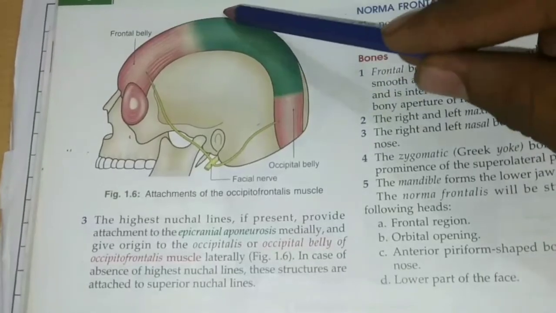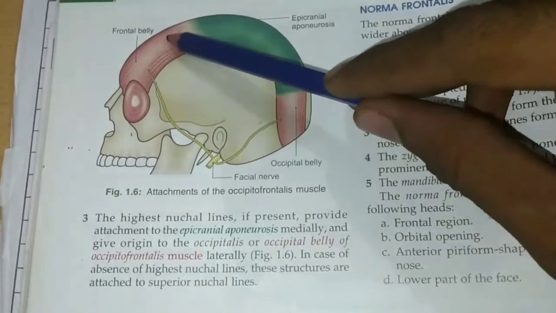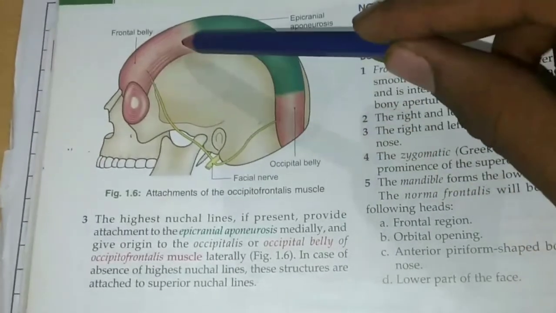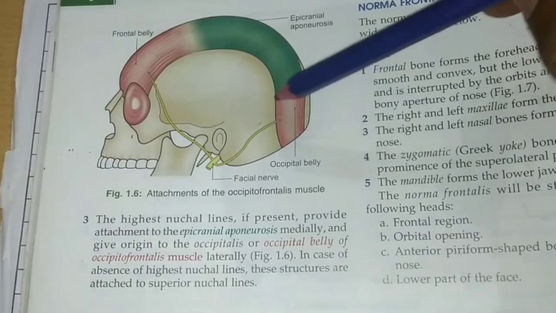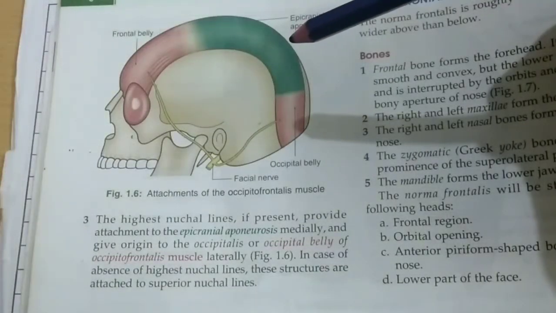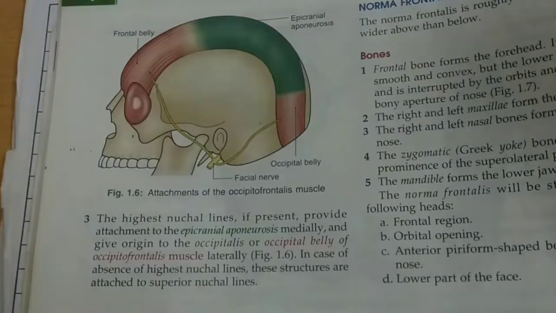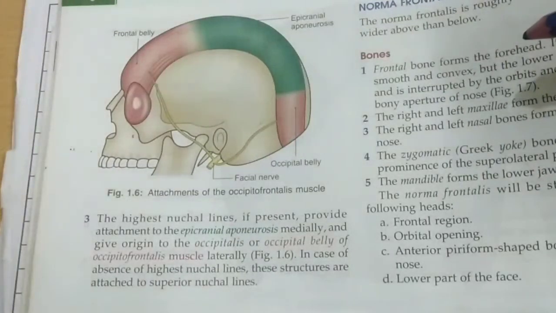This one is the epicranial aponeurosis. This one is the frontal belly of occipitofrontalis muscle. The occipital belly generally attaches to the superior nuchal line, but if the highest nuchal line is present, it will attach to the highest nuchal line. That's all for today.